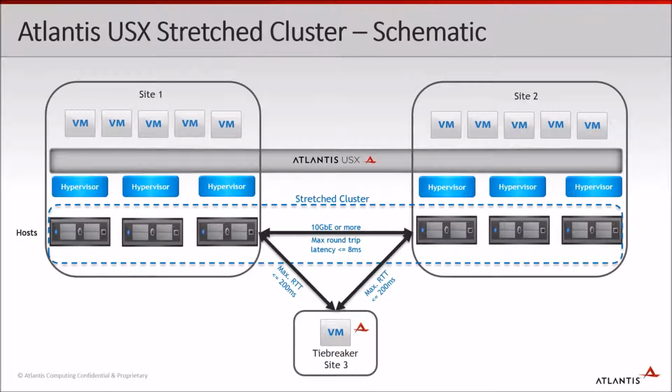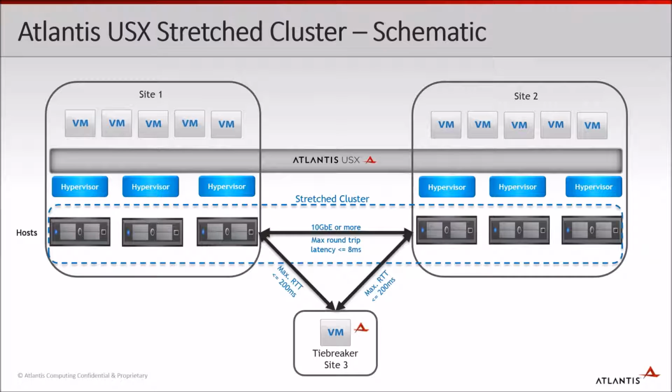You can have applications and VMs running on both the sites. And what you see over here is a minimum of 6 hosts, or 6 nodes, stretched across 2 sites, 3 on each side. That is the minimum number of nodes that we require for a stretched cluster solution to provide high availability, not only at a site level, but also within a site.